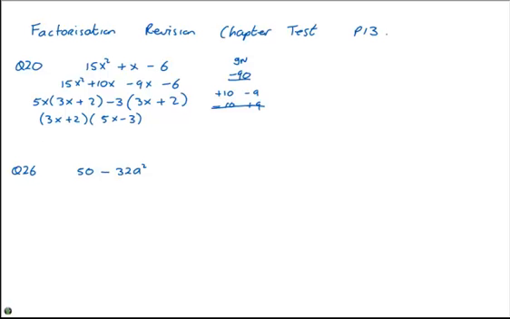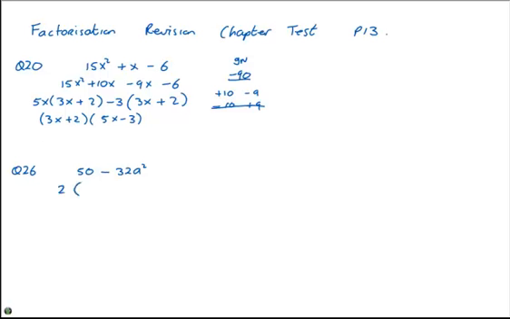A good idea though is always factorize out whatever you can to start with. And just in case, because I see the 50 and I see the fact that the second term has an a squared in it. And when I see the 50, well, if I half that I see 25, and if I half 32 I see 16. And both of those kind of indicate to me that it might go to the difference of 2 squares. So it's worth having a look.